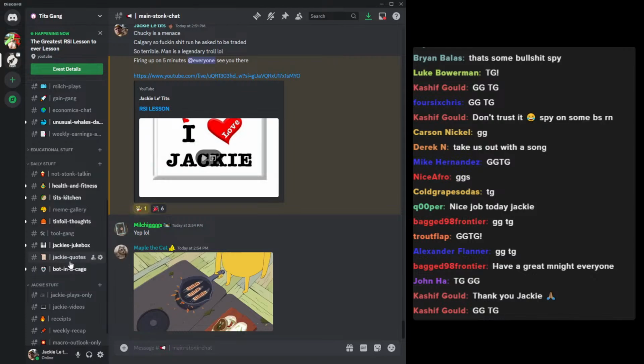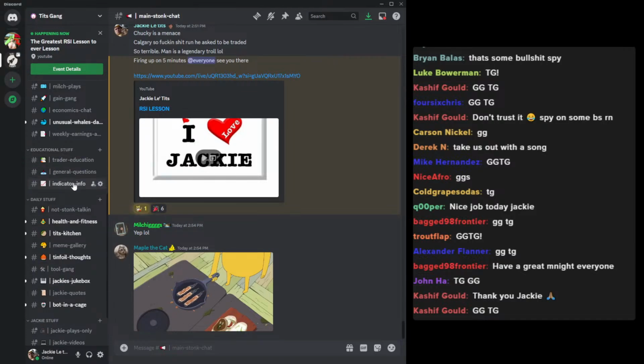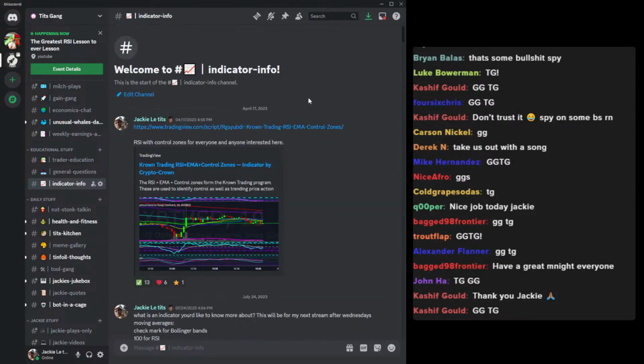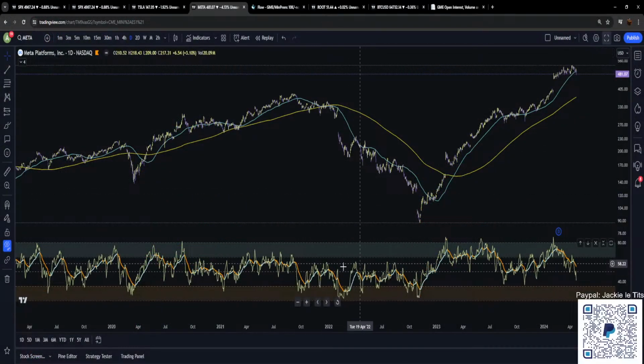I think you've got to scroll all the way to the top. So up here at the very top of the indicator info, under educational stuff, is the Crypto Crown Trading RSI plus EMA plus control zones. That is essentially identical to what you will see today on your screens with this RSI right here. So let's just quickly discuss the RSI itself.